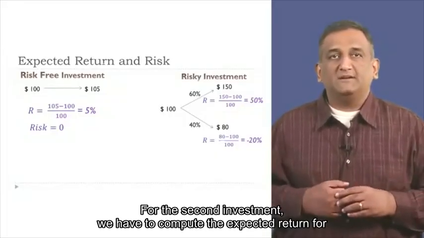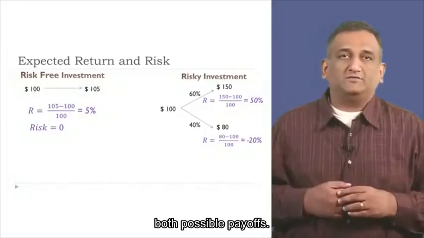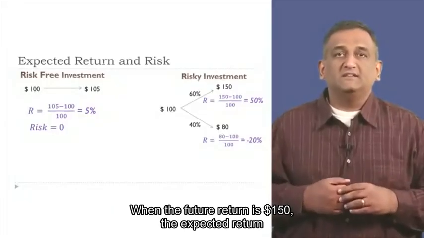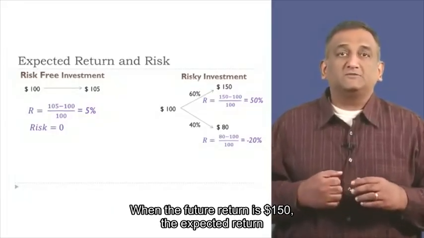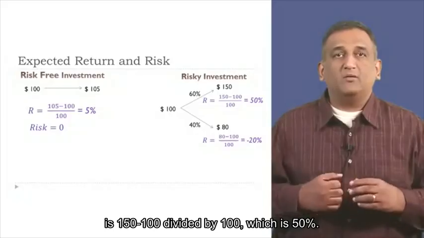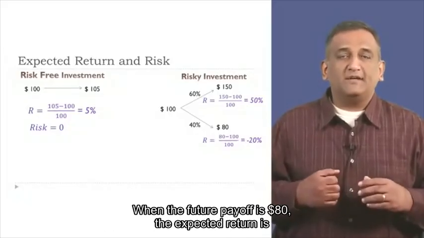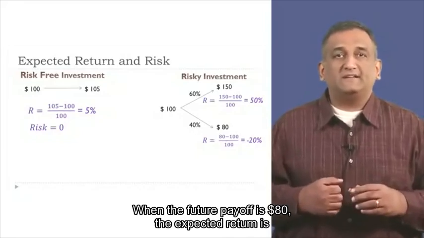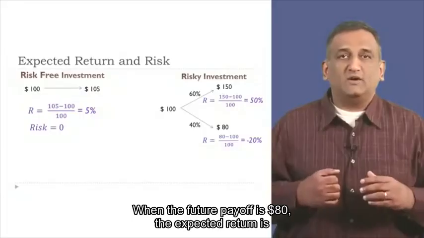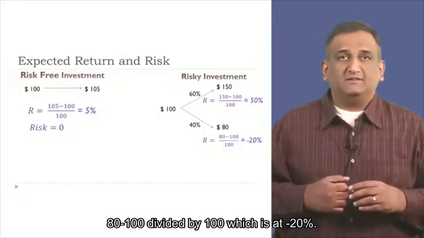For the second investment, we have to compute the return for both possible payoffs. When the future payoff is $150, the return is (150 minus 100) divided by 100, which is 50%. When the future payoff is $80, the return is (80 minus 100) divided by 100, which is negative 20%.